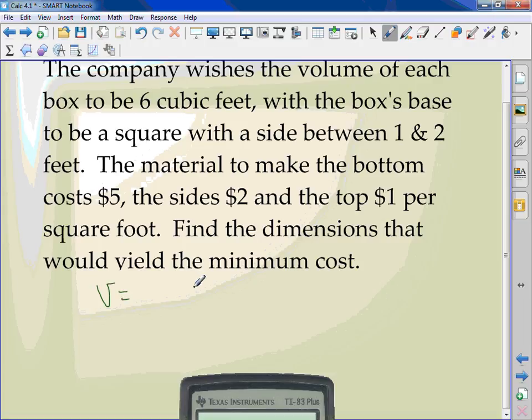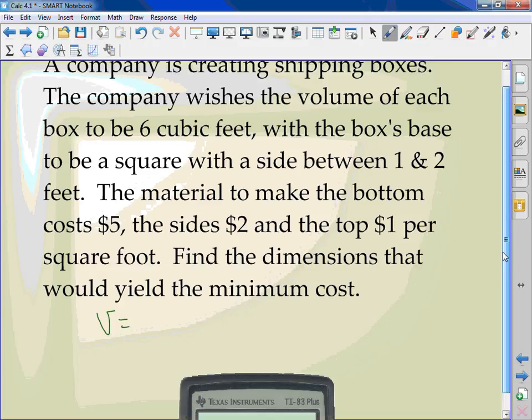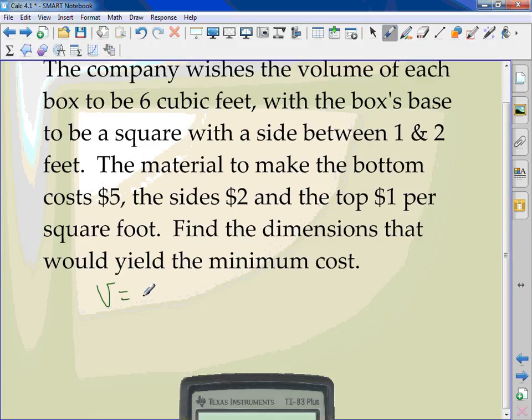Volume, the formula for a cube, because it says the box's base is a square. So I'm going to have x cubed. First thing we need to do is solve for x.